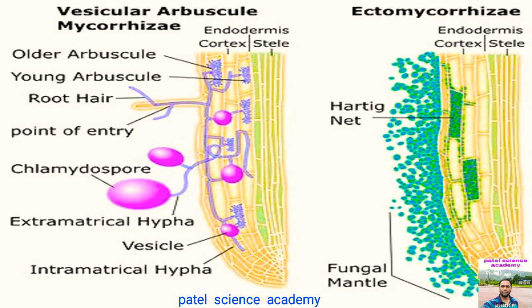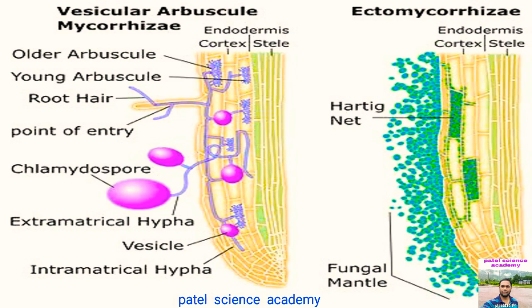Once there was a question on this VAM in the board examination. VAM stands for V for vesiculo, A for arbuscular, and M for mycorrhizae. So VAM means vesiculo-arbuscular mycorrhizae.